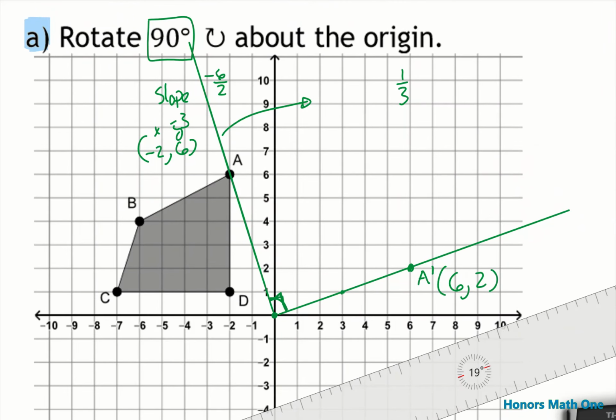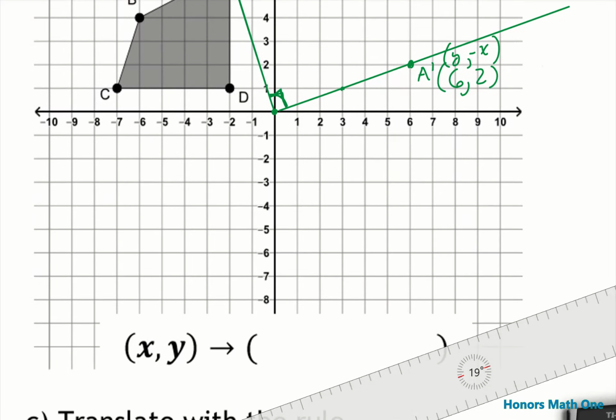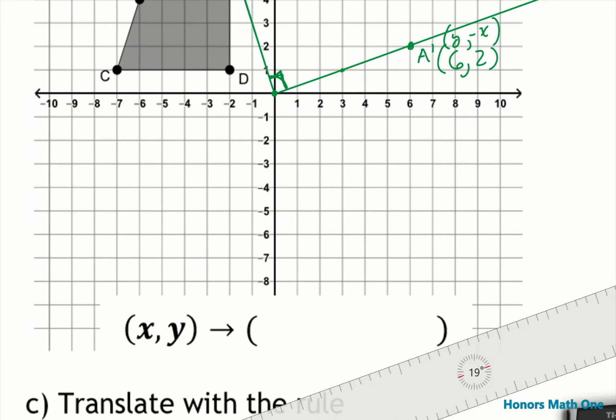The y value became my x value, and the opposite of the x became my y value. So this is a roadmap for all of these points, and this is what I'm looking for down here. I'm going to say (x, y) gets mapped to (y, the opposite of x).